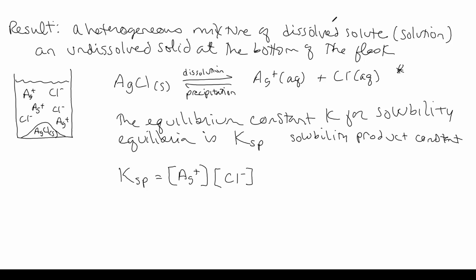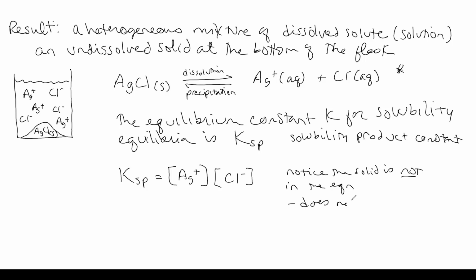Now notice that the solid is not in the equation. Think back to heterogeneous equilibrium expressions, and remember that the solid does not affect the equilibrium established. We can add more solid to a heterogeneous system that's at equilibrium, and it doesn't affect the equilibrium. So I'm going to write down: notice the solid is not in the equation.